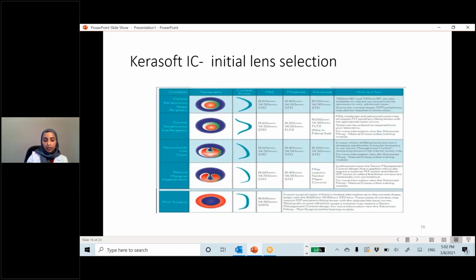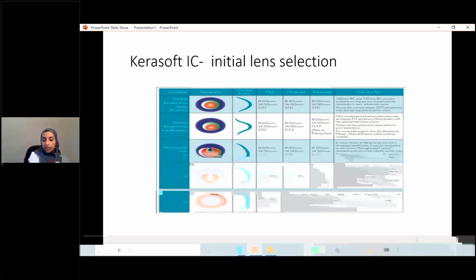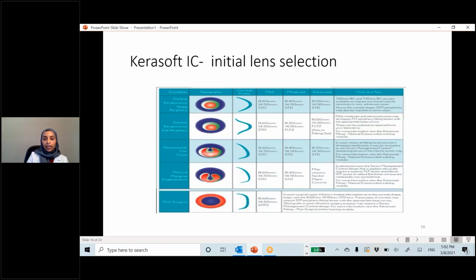So here is the initial lens selection guide, and there are a lot of details on this slide. But again, if we are just looking at the mild category, you can see that you start with the same lens across all the categories, that 8.6, 14.5 standard lens. So again, 8.6 is the base curve we are used to thinking about when fitting standard soft lenses.